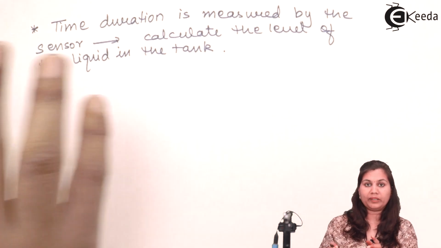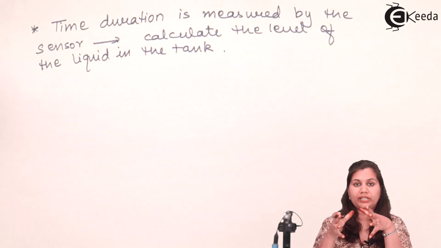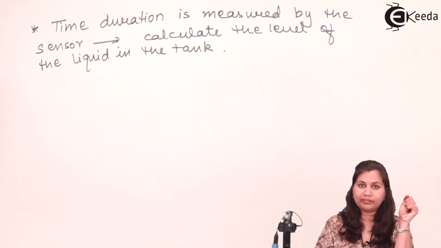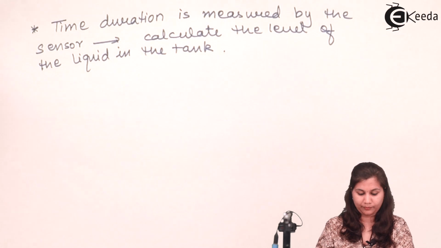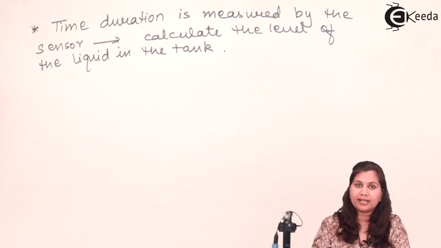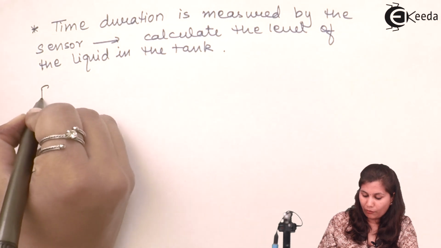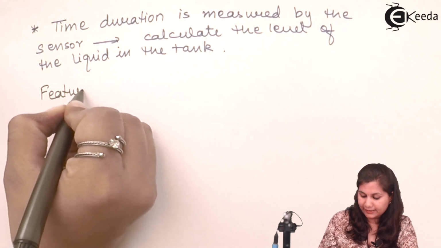In this way we are directly measuring the level of the liquid, so it is a direct method of level measurement. This was the operating principle and working of the ultrasonic level sensors. Now let us see some of the features of these sensors.